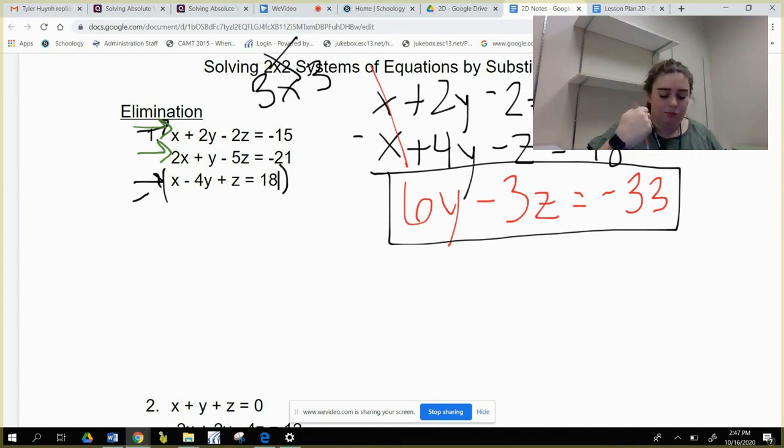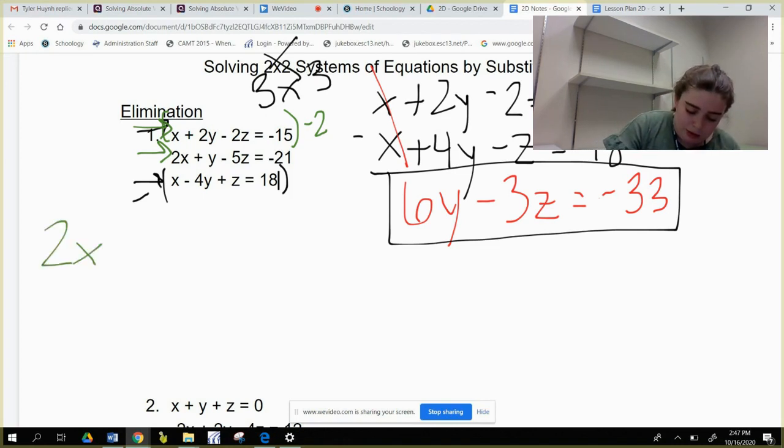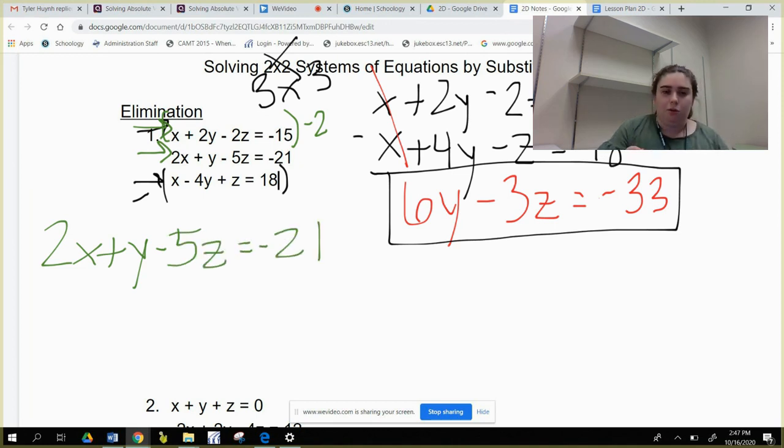So what I'm going to do is multiply the top equation by -2 to get -2x, the opposite of 2x, okay? So let's write the equation we didn't change, the middle one, which was 2x plus y minus 5z equals -21. Okay, and then the top equation, multiply everything by -2.